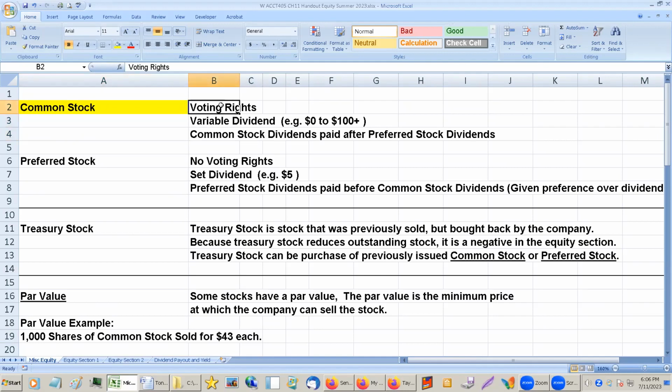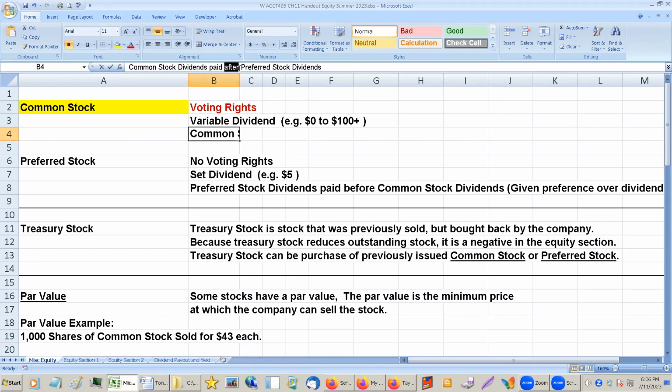Common stock is common. They have voting rights, which is very important. Variable dividend, it can be anywhere from 0 to 100 or whatever. They are paid after preferred stock.